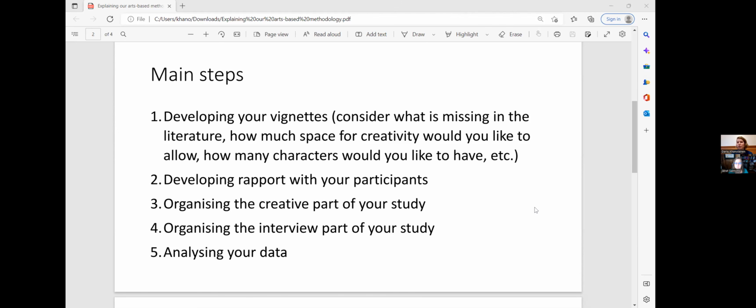you also ask yourself, how much space for creativity do I want to allow to my participants? On the one hand, you of course want to allow a lot of space because that's the point of having an arts-based project. But on the other hand, if you allow too much space, some participants might feel intimidated, or they might just feel overwhelmed with the task.